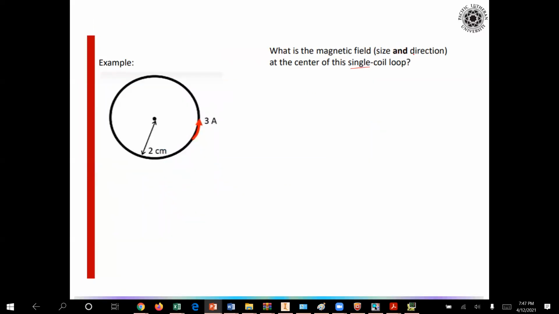Let's find the direction first. I have the current here, so I need to use my right hand, where my thumb points in the direction of the current, and we need to find the direction of the magnetic field at this point inside the loop. Take a moment to think about it.